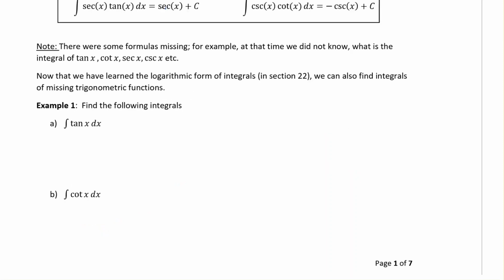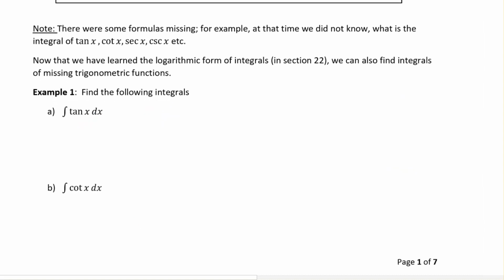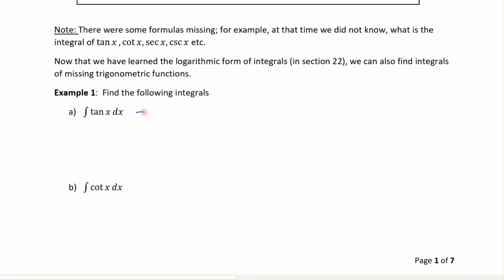In order to find the integral of tangent x dx, we use the basic trigonometric relationships. So tangent x can be written as sine x over cosine x dx. We notice that this is a basic logarithmic form.